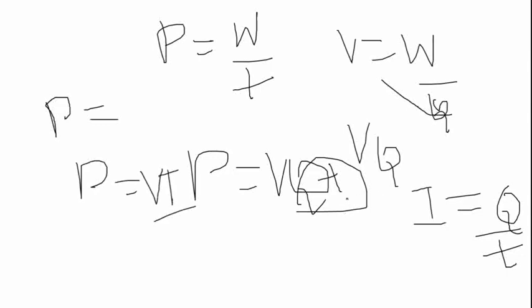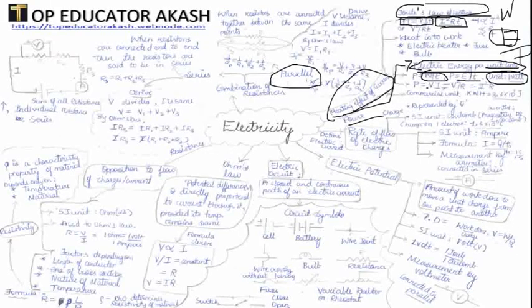P will be equal to VI, that is power is nothing but voltage into current. Instead of I we can replace it by V by R, and that will be equal to V square by R, and V can be replaced, so that we will get I square R. These are the formulas for power.